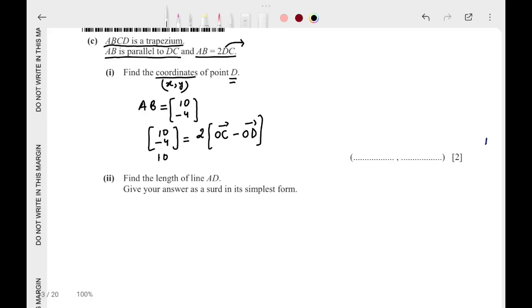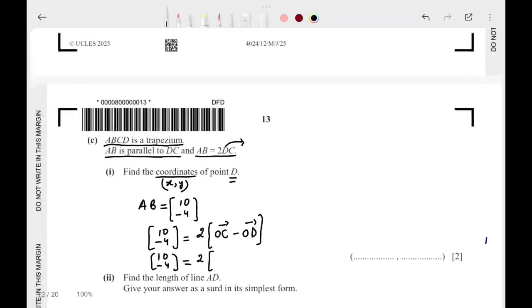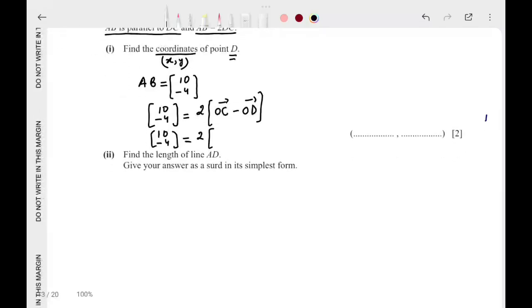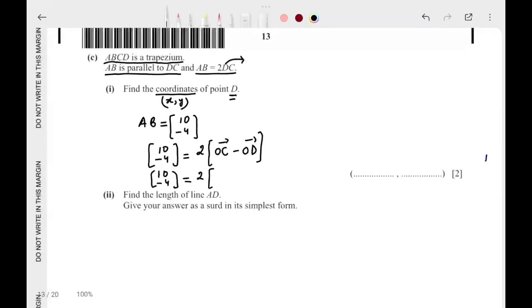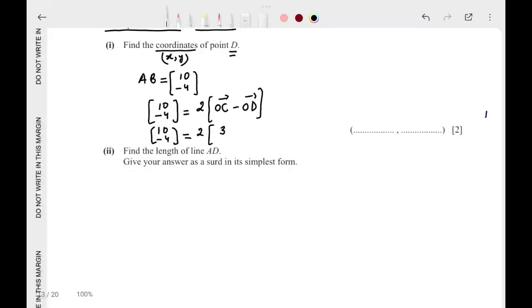So (10, -4) is equal to 2 times the coordinates of C, that is (3, -3), minus the coordinates of D, that is unknown, (x, y).